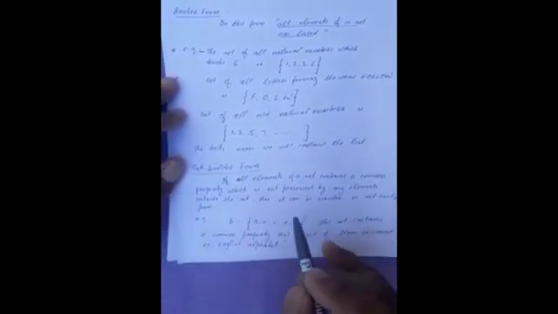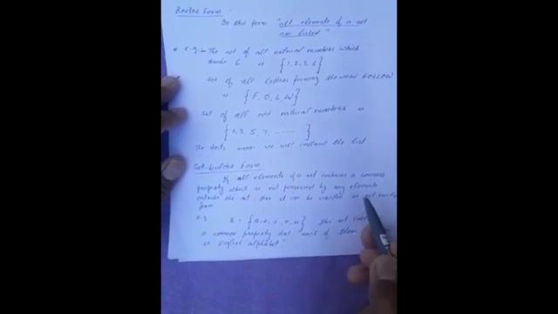Now move on to the second type, set builder form. If all elements of a set contain a common property which is not possessed by any element outside the set, it can be written in the set builder form. It means all sets cannot be written in the set builder form. Only those sets whose elements contain a common property can be written.